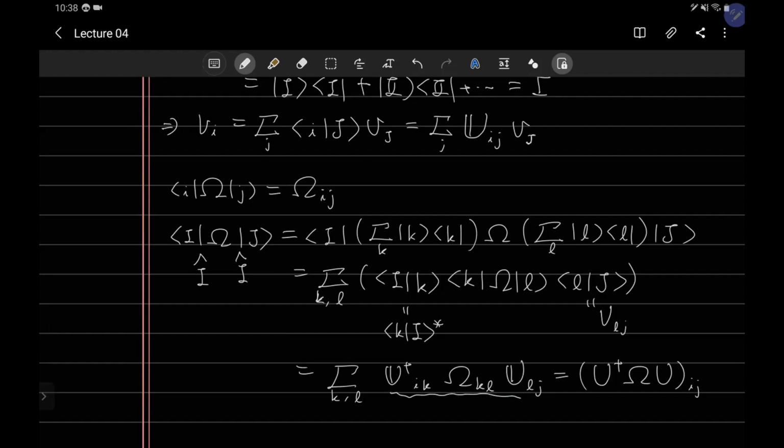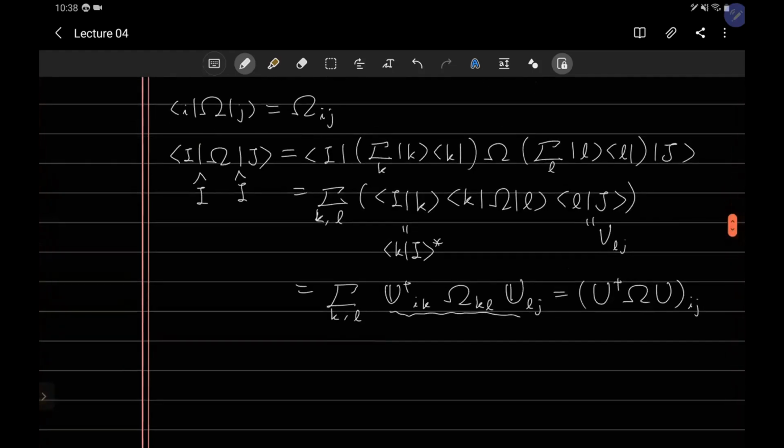Then, let's summarize a little bit more systematically. In a typical situation, most of the operators will be given in a matrix form.